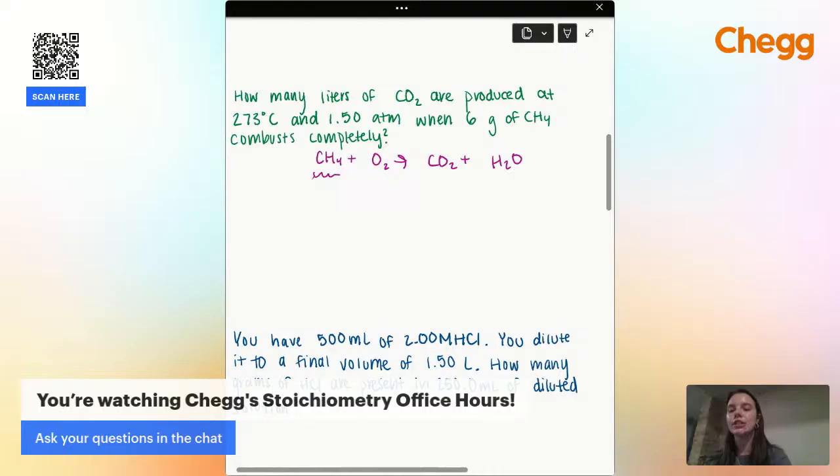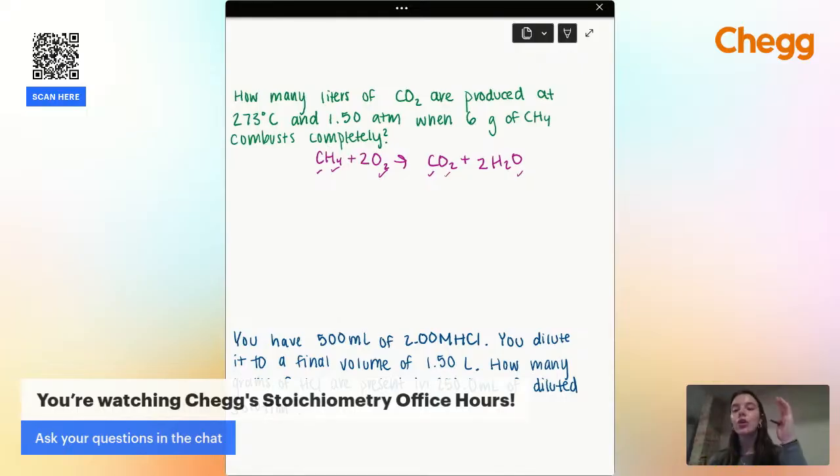The only thing that might change is the CH4 value. It could be C2H8, C3H10, whatever you can think of. Any CH compound. So let's balance. We have one C over here, one C over here, 4 H's. Let's make that 4 H's, 2 O's, and we have 4 O's, so we're going to make a 2 there.